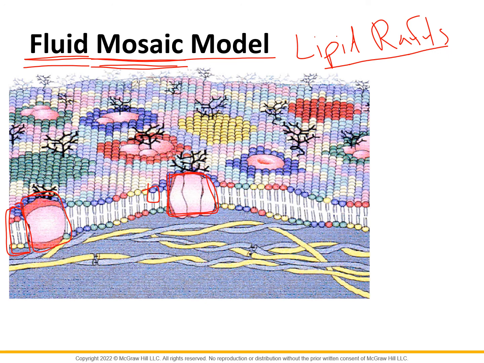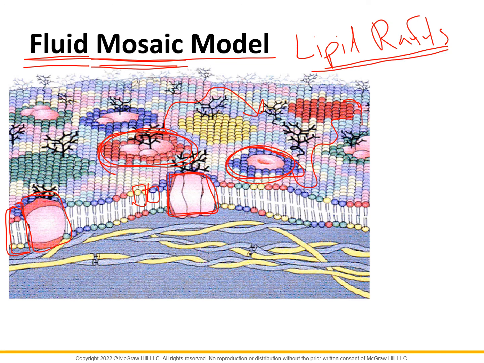So instead of all these little individual phospholipids just swirling around on their own, you have groups, like possibly this red group is a raft and this blue group is a raft. So instead of moving independently, the whole group of molecules is moving around in the plane of the membrane. And then this blue group with that red protein in the middle is also moving around in the plane of the membrane. So those are called lipid rafts.